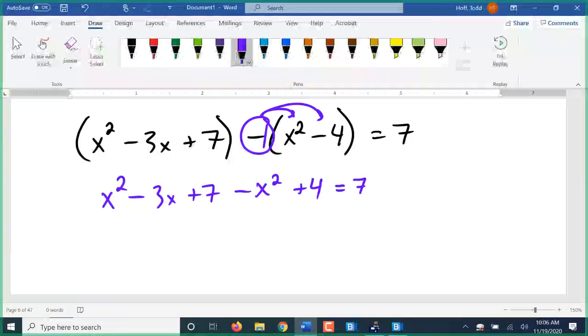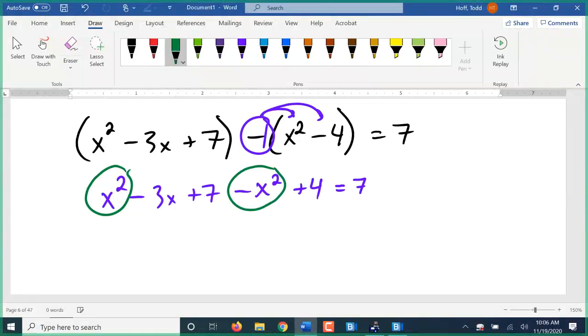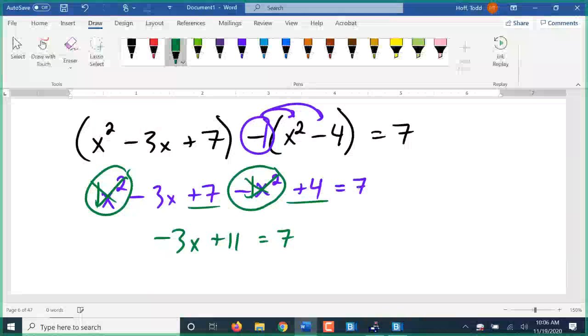This next step is the key step. We can't solve an equation with an x squared in it, but we see here we've got a positive x squared and a negative x squared. A positive 1 and a negative 1 adds up to 0. So the x squared cancels out there. We have a negative 3x. 7 plus 4 is 11 equals 7 on the other side still.